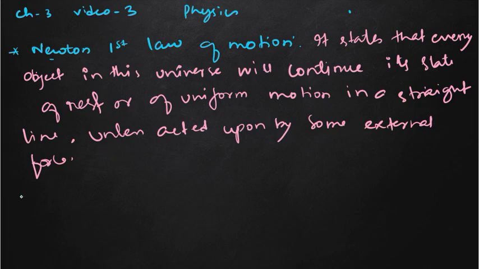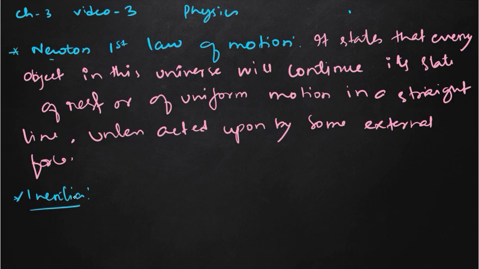Okay, so our next topic is inertia. What is inertia? From Newton's first law of motion, it can be safely concluded that a body changes its state of rest or uniform motion only if some external unbalanced force acts on it. The tendency of a body to continue in its state of rest or of uniform motion in a straight line even when some external unbalanced force acts on it is called inertia.